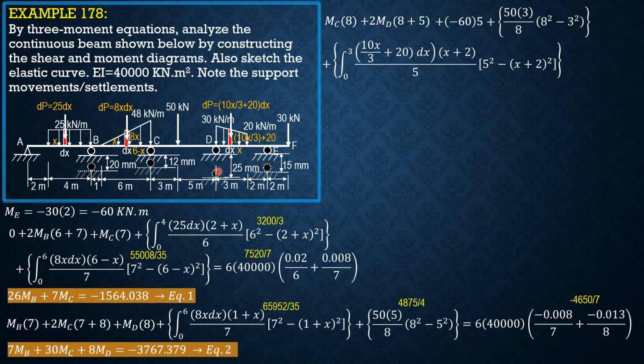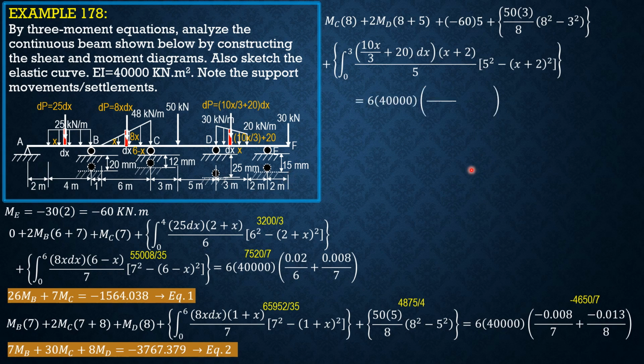The horizontal line through D is this one. So C is above the horizontal line through D by 13 mm, so 0.013 over 8. E is also above the horizontal line through D by 10 mm, 25 minus 15, so plus 0.01 over 5.